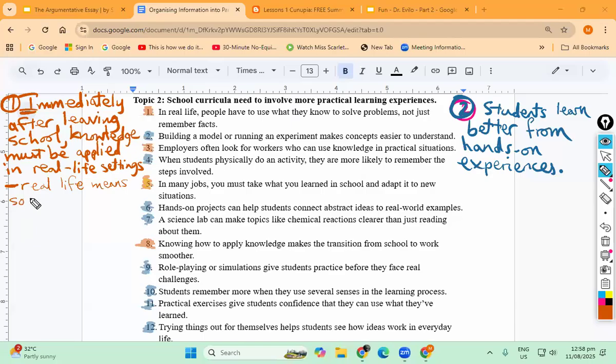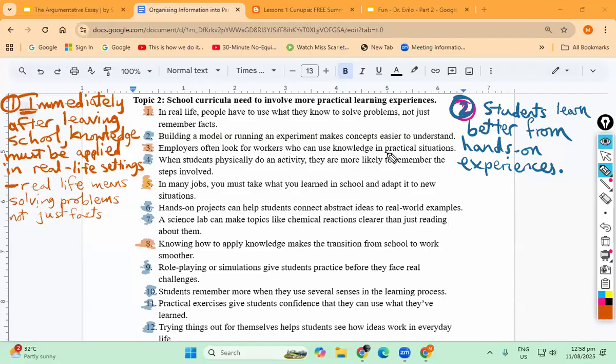So real life means solving problems. Okay, so y'all have taken on the topic already, and you've taken on the reason and the supporting details, right? Not just facts. All right.